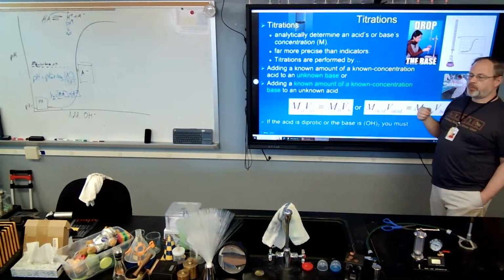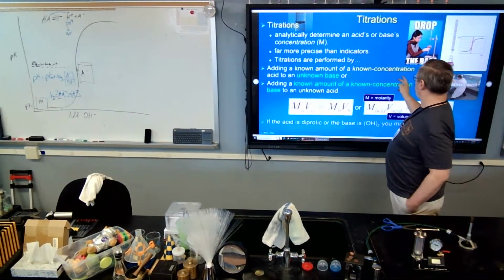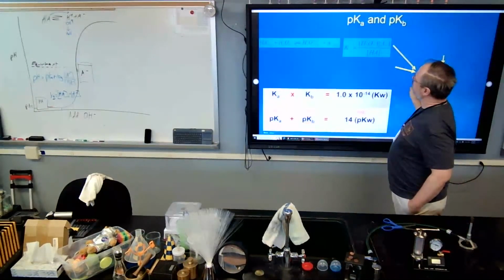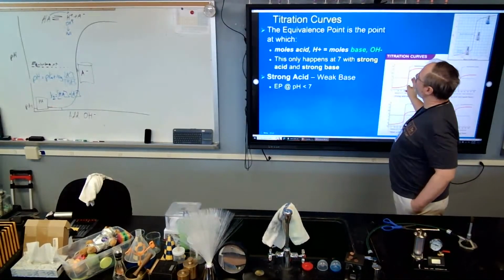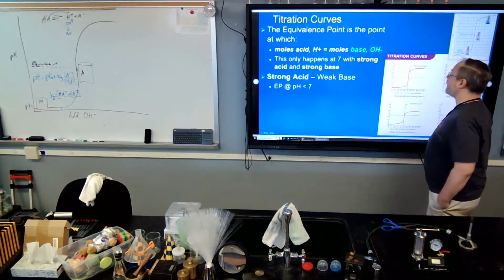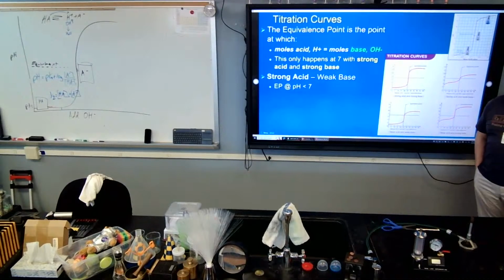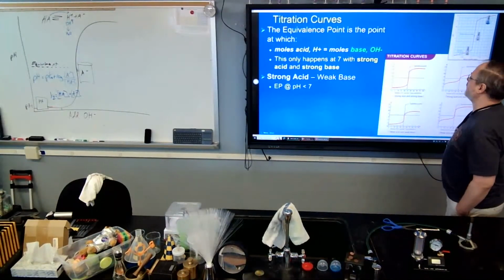Okay. But there's wrinkles. And I want to talk about what happens when you don't have a strong acid, strong base. When you have a strong acid, weak base, or weak acid, strong base, or something like that.